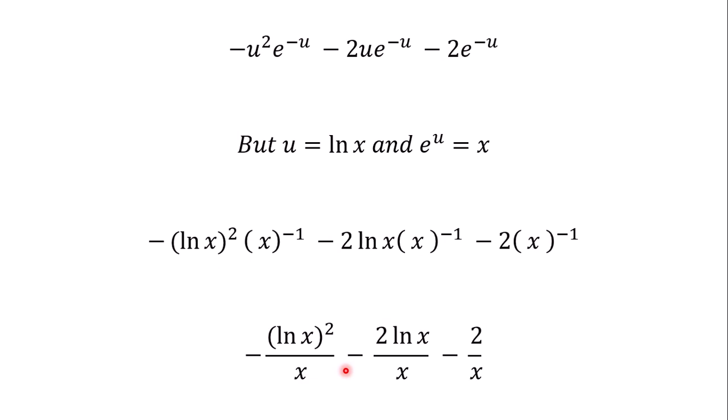All that we are going to do is just put this one together and give it one denominator. So this one is going to give us minus (natural log of x) all squared minus 2 natural log of x minus 2, divided by x.